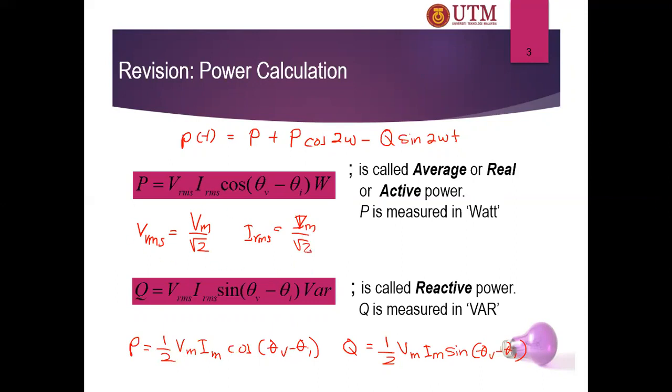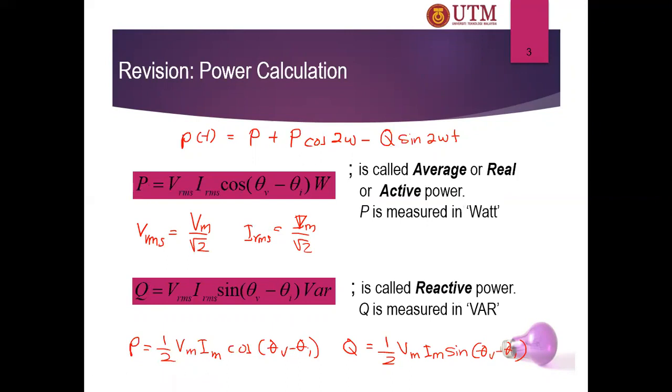Based on this relationship, we can write our average power as VRMS IRMS cos(theta V minus theta I), while the reactive power is VRMS IRMS sin(theta V minus theta I). I would also like to recall that the unit used to measure the average power is called watt, while for the reactive power it is called var.